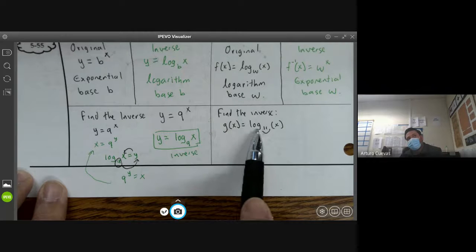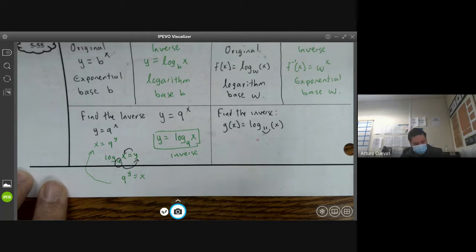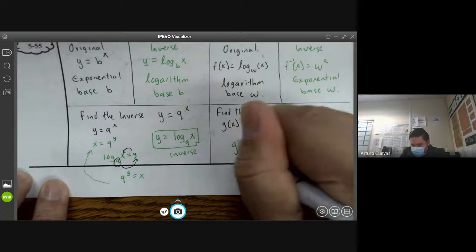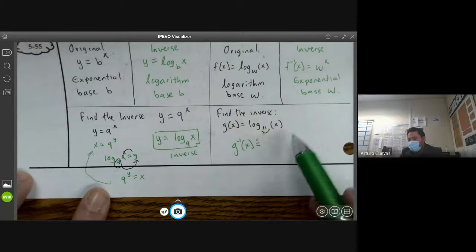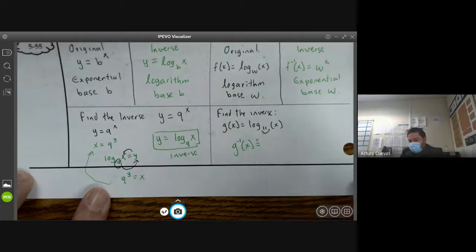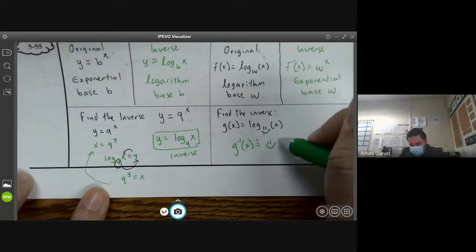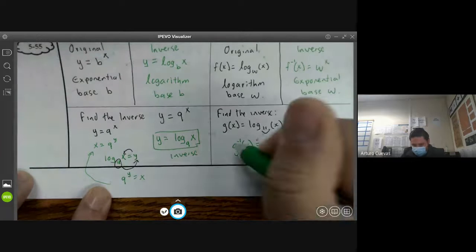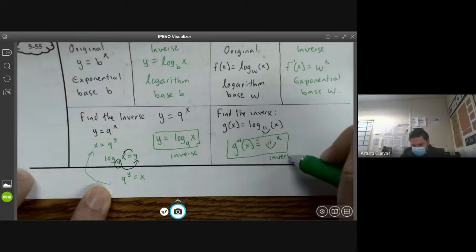But if the original is log, then the inverse has to be exponential. Okay? So the inverse of g of x is going to be an exponential function. We're going to have a base and an exponent. What's going to be the base? Happy face. And what's going to be the exponent? X. This would be the inverse.